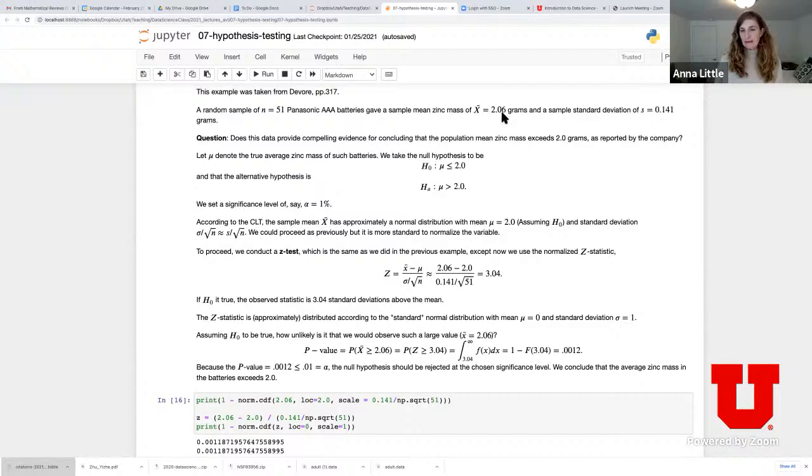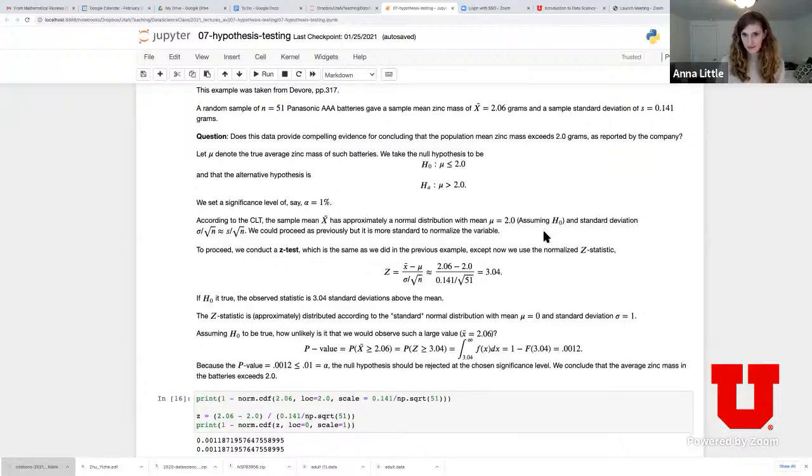So you might think, why is there such strong evidence that it's bigger than 2 when it was only 2.06 in your sample? But that has to do with the standard deviation and the sample size. This is still significant evidence when you have over 50 observations with this standard deviation.